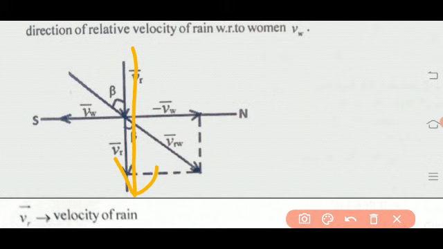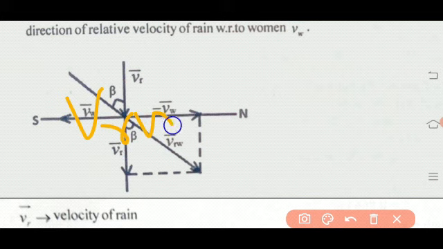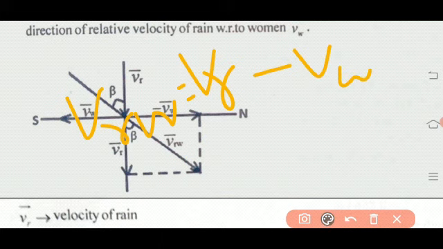Both these vectors are VR. So we need the relative velocity VRW equal to VR minus VW.